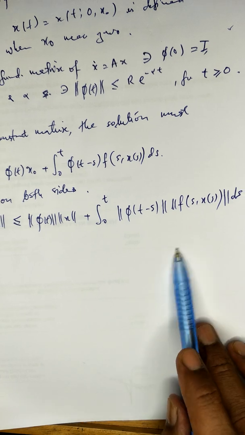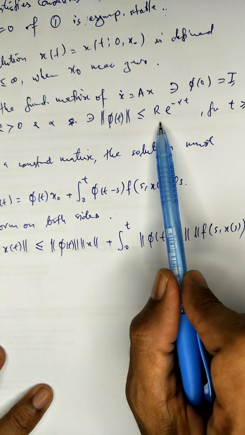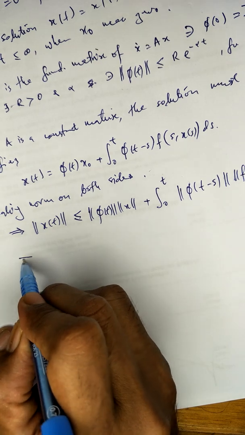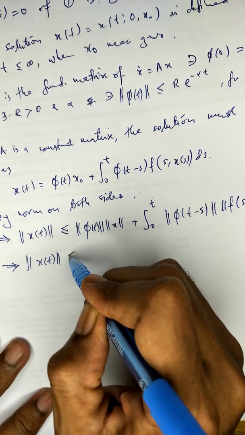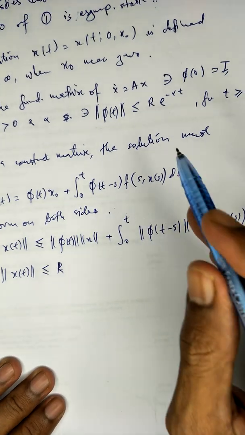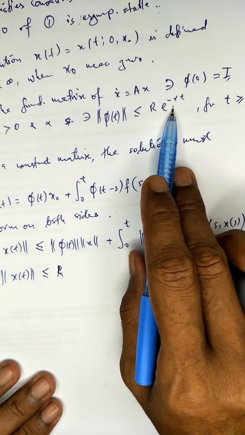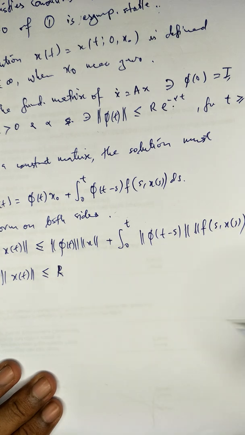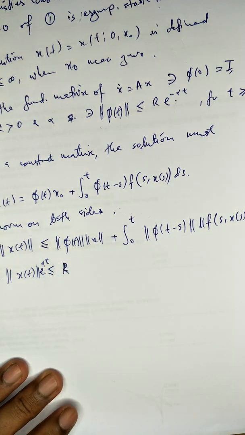Then we can use that the norm of phi is less than r e to the minus alpha t. So we have the norm of x(t) less than r, and then I can multiply e to the alpha t on both sides of the equation. So I get here minus alpha t.